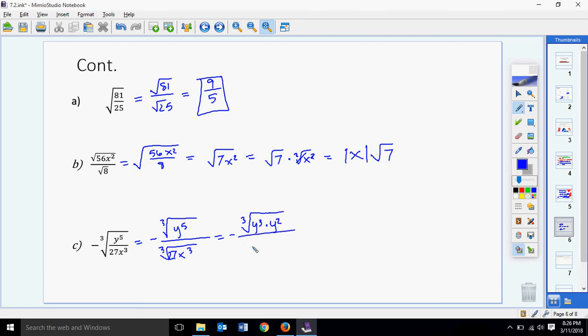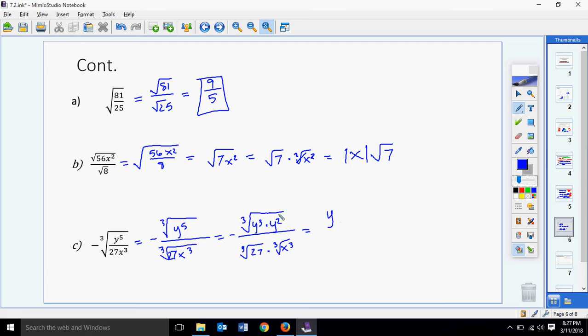In the denominator, I'm going to use my product rule to write this as the cube root of 27 times the cube root of x to the 3rd. So in my top, remember my y cubed and the cube root are going to cancel.